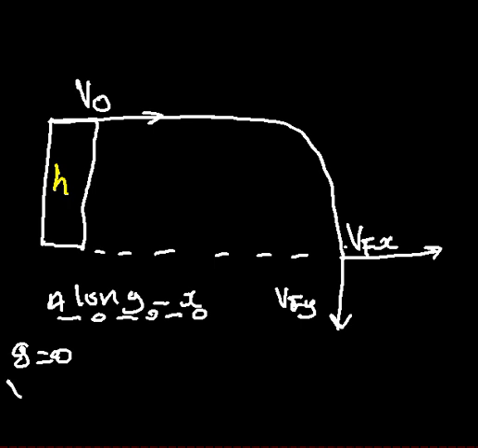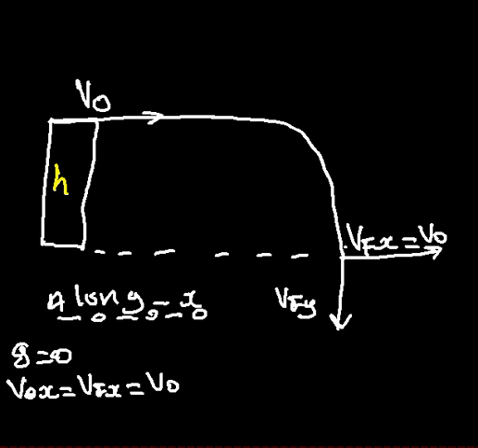Therefore, the initial velocity along x is the same as the final velocity along x, which is the launch velocity. So as the object strikes the ground, the final velocity along x will be the same as the launch velocity.